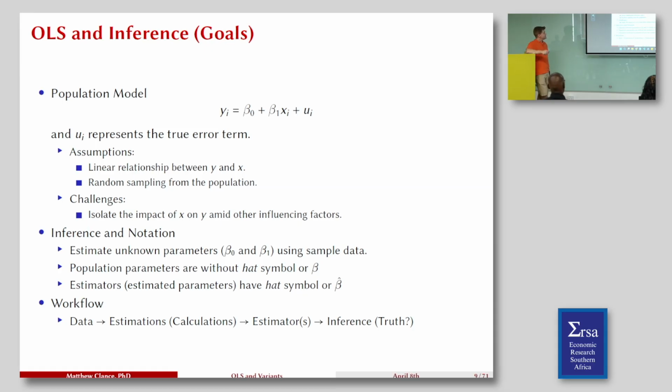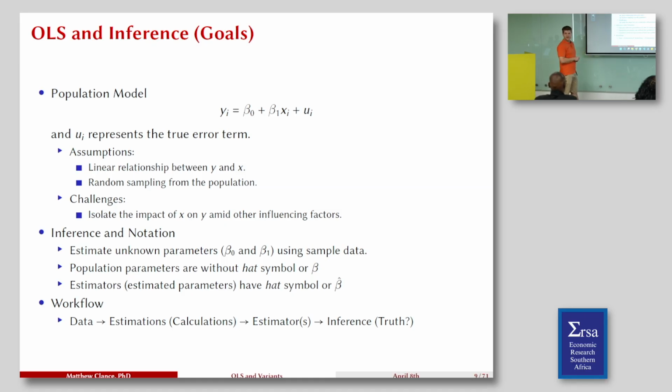A lot of times I'm going to try to be good on my notation. That's not always successful. But when we're talking about the population, I'm usually, or I should, most times not have any hats on these.